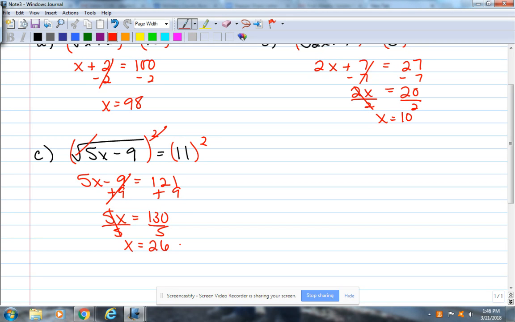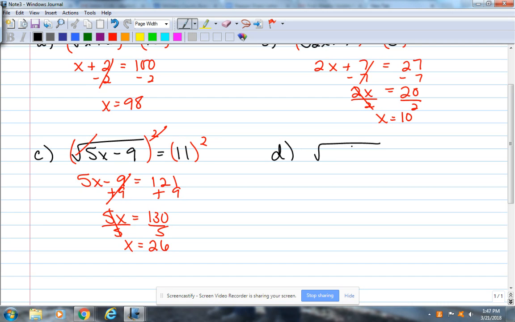Very good. Any questions about that? It is this simple. The test will have them as rational exponents instead of radicals with the fractions. And that's it. We'll just have to make them radicals and fix them.